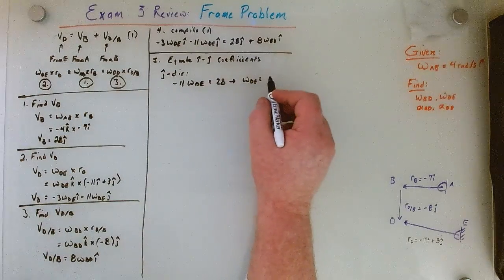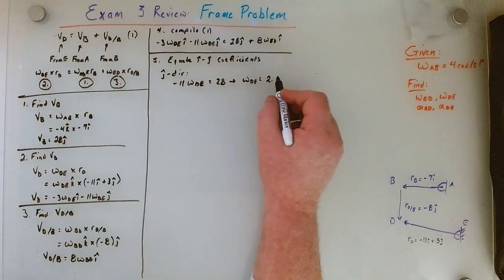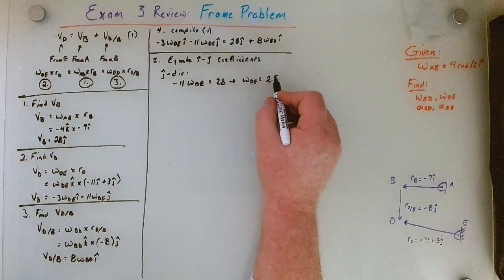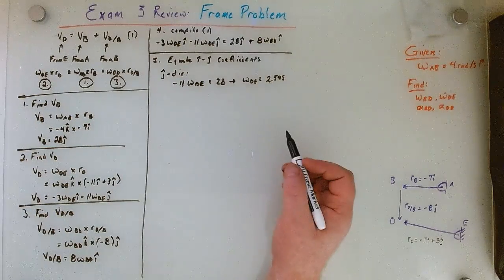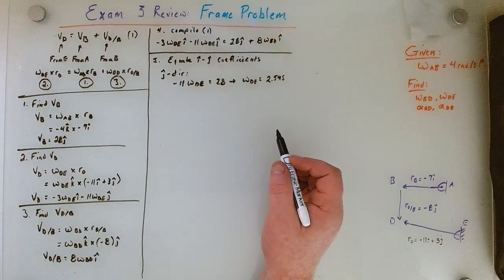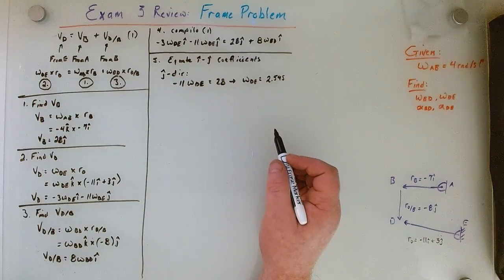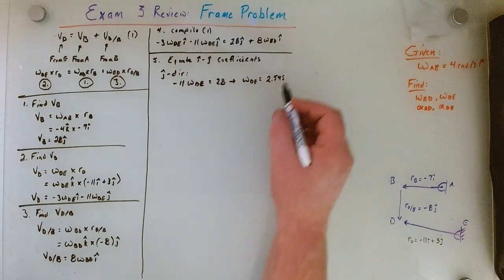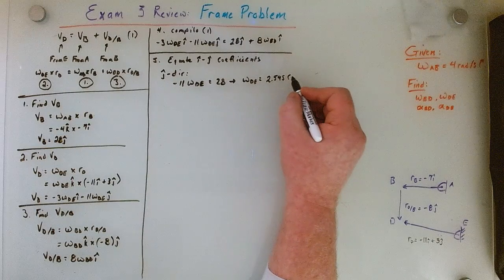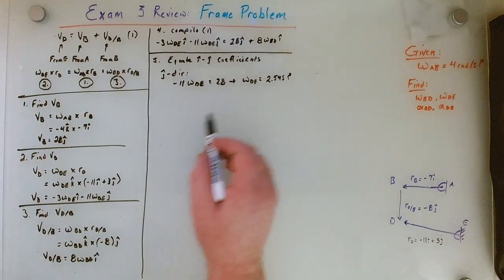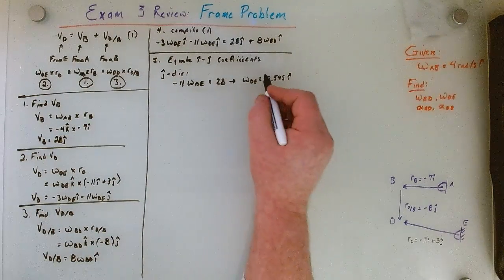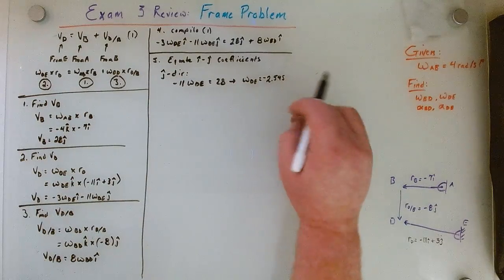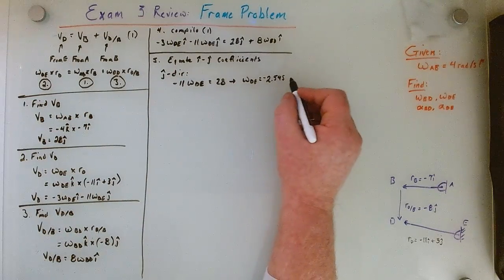Turns out that it is 2.545, and yes, it is moving in this direction. It's negative. So we'll say negative for now because we'll end up using that.